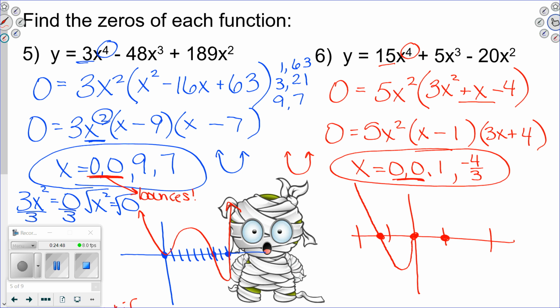It's going to come up and bounce off of 0, and then cross the other one. If it only showed up 1, 3, 5, 7, whatever odd number of times, it crosses it. It only bounced off the 0 because it showed up twice. How are we doing so far? Okay? Seeing how the factoring, the answers, the graphs, the end behavior all go together.